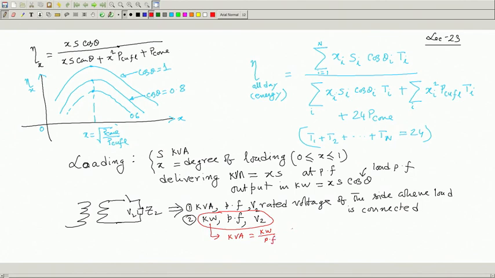Then the corresponding x at which the transformer is operating is this kilowatt by power factor divided by rated kVA.